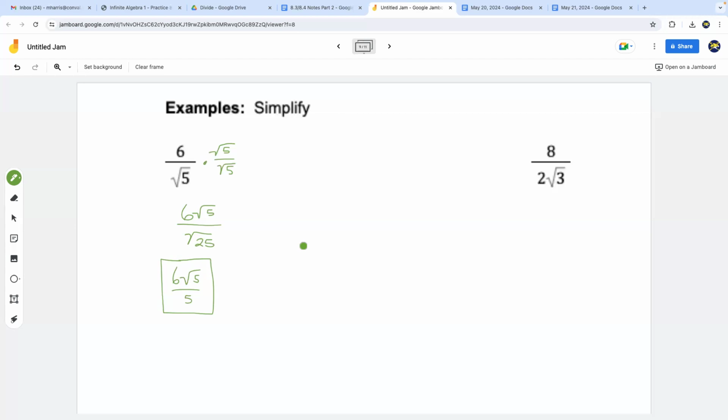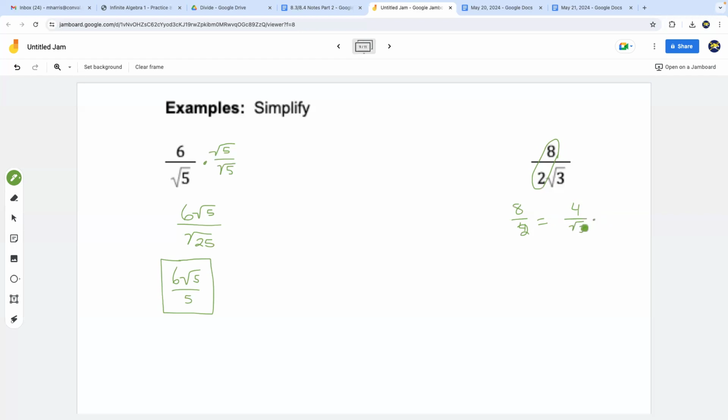Okay. Next, let's look here. Well, before we start multiplying, we can look and see we can simplify these. 8 over 2. So we can say this is technically 8 divided by 2, which is 4. So technically, we have 4 over root 3. All right.